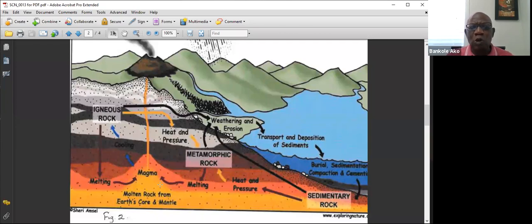The sequence that we normally employ in mineral exploration includes the following. First is reconnaissance mapping, which includes geology, geochemistry, geophysics, and various airborne surveys. At this point, the risk is extremely high.